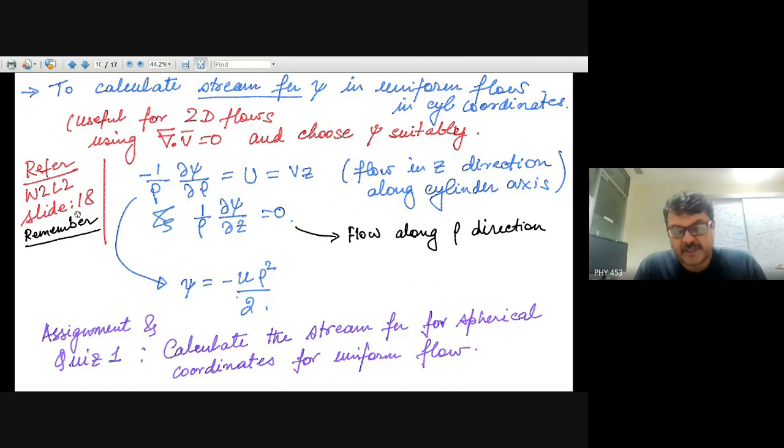There, to get your divergence of u equal to 0, we have to define the stream function such that the velocity field in the z direction, vz, was minus 1 by rho del psi del rho, because that was the velocity field in the z direction. We have to take del psi del rho 1 by rho, and that's what we have here, right?